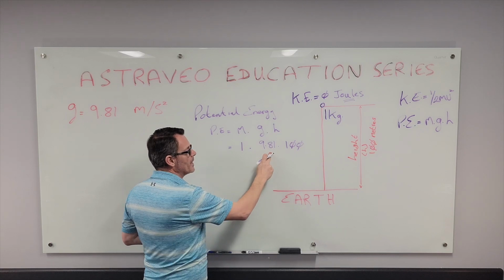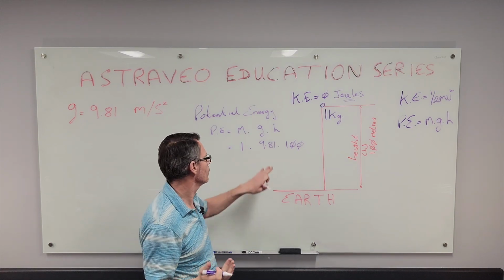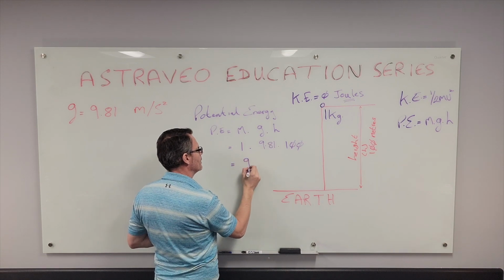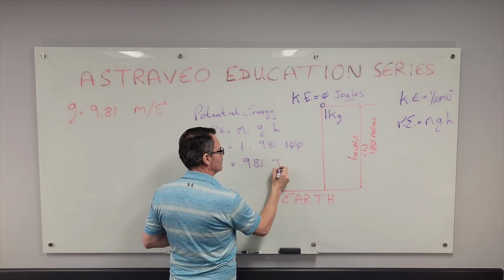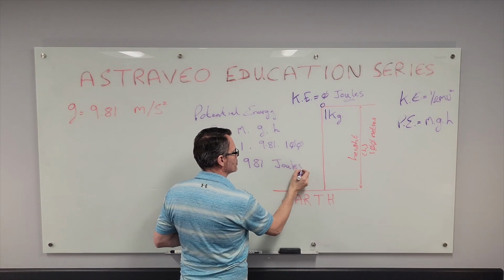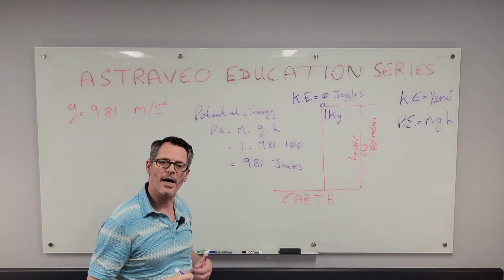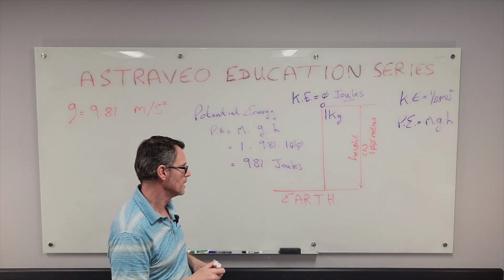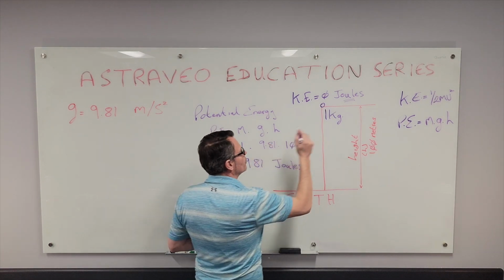Well, 1 times 9.81 is obviously just 9.81, times 100 is 981. Don't forget the units, always important in science. So that object on the edge of the cliff has 981 joules of energy. So it wasn't 0, it actually has an awful lot.